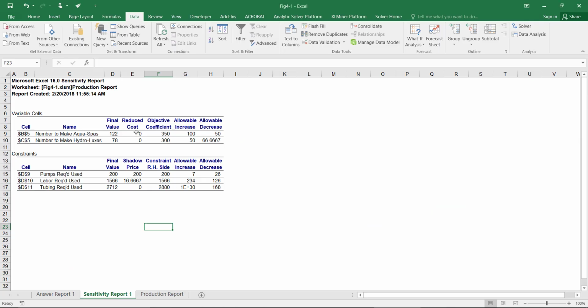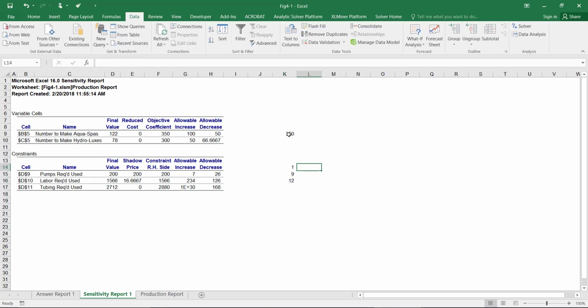For example, take product 1, x1. The objective coefficient of this product is 350, and it uses one pump, 9 labor hours and 12 tubing.